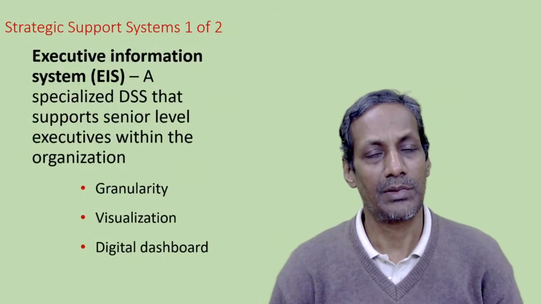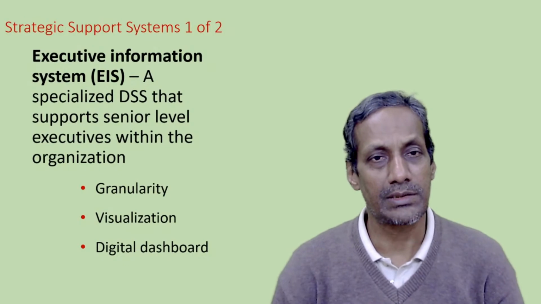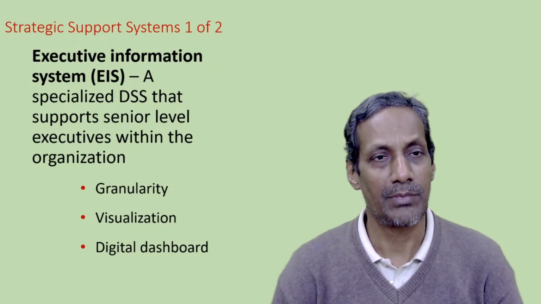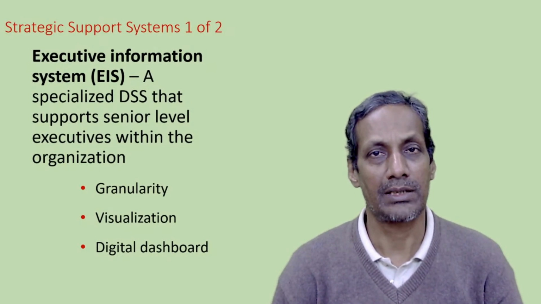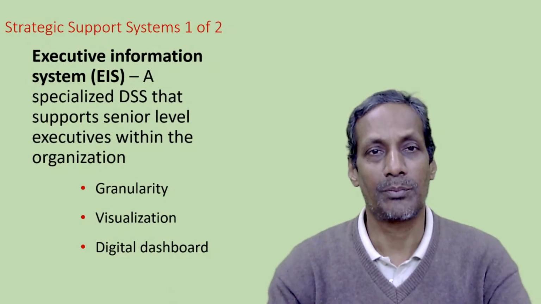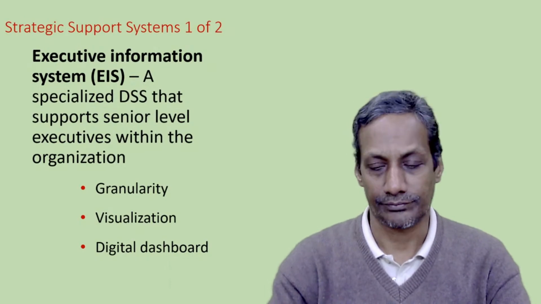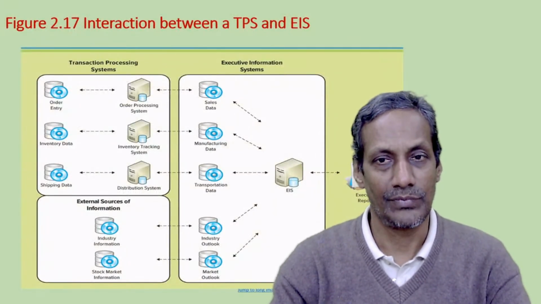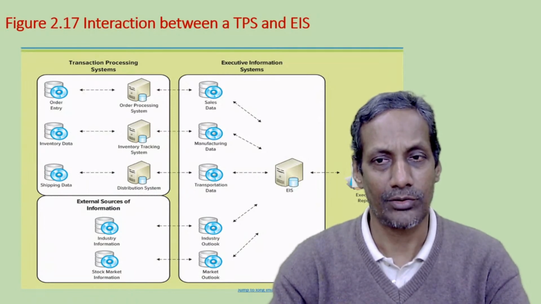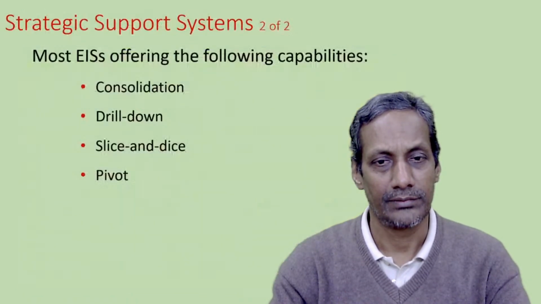Executive information system is the information system that is utilized by senior managers. It is nothing but a specialized DSS that supports senior level executives within the organization. This shows how an EIS is linked to a TPS and how executive reports are generated.